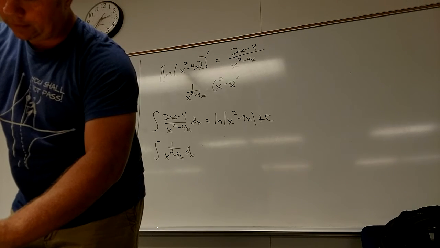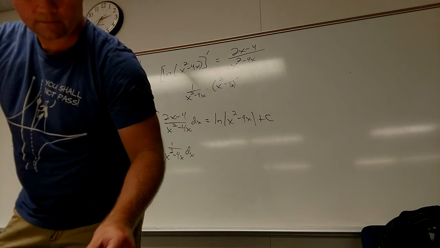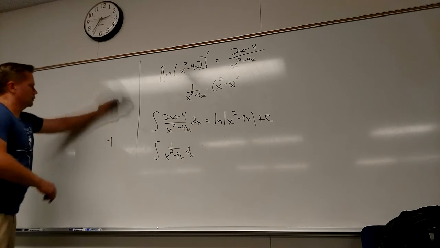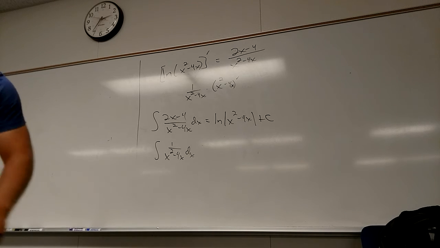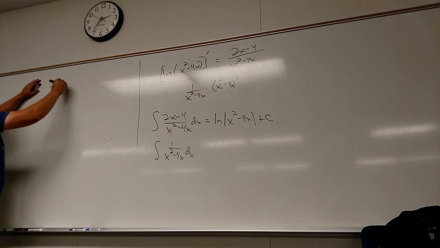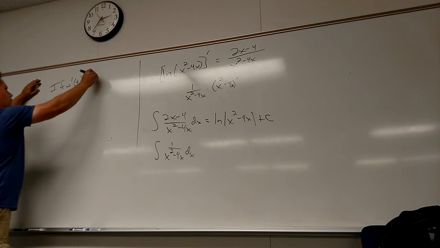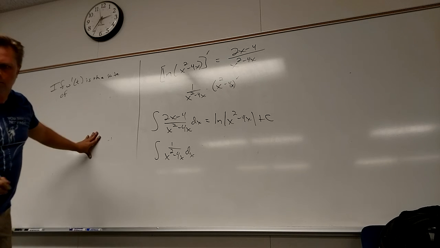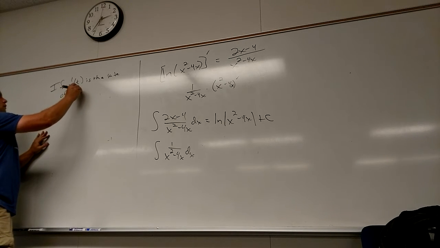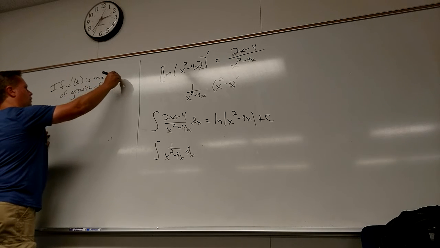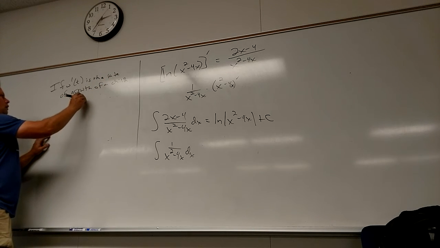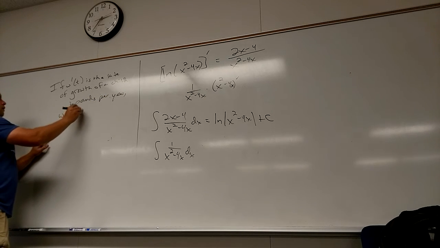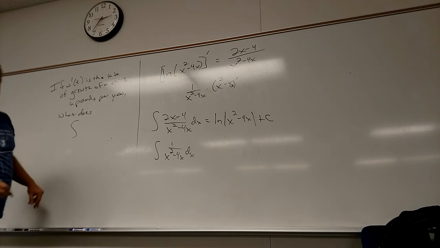So here's a different kind of problem. Here's kind of a conceptual problem that I like to give. If this is the rate of growth of a child in pounds per year, what does this mean?